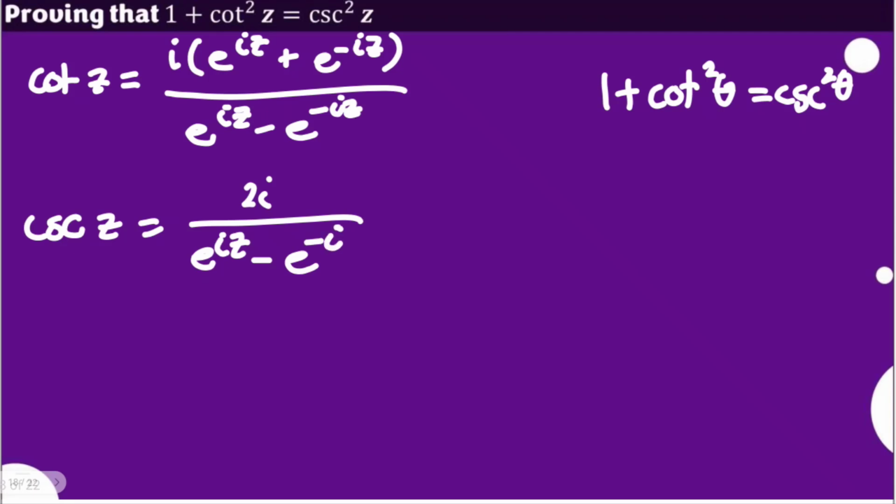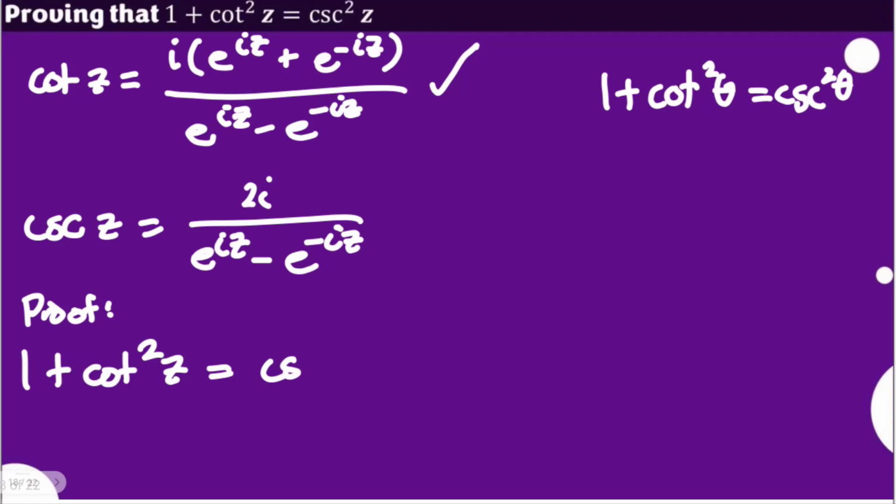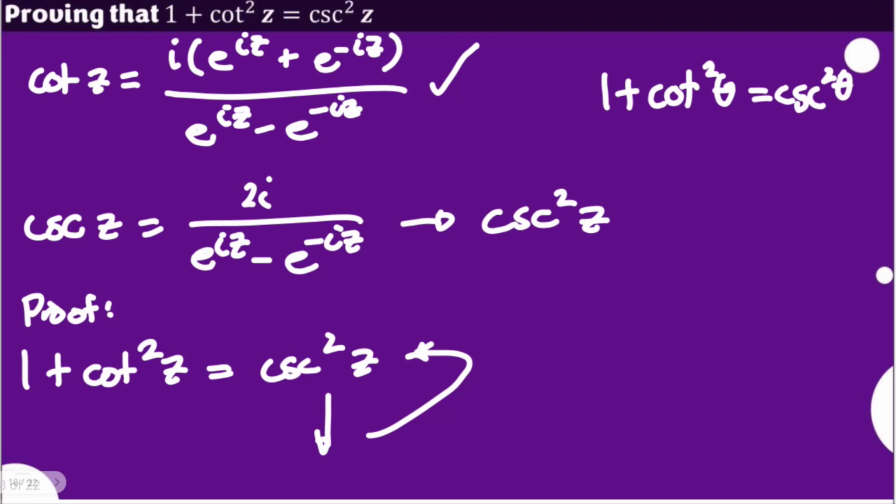Okay? So we're going to use this first identity here because our proof allows us to move from the left. You have 1 plus the square of cotangent z must yield the square of cosecant z. Whatever the process here, it would be equivalent to that. But for us to be guided, let's identify what would be the equivalent form for the cosecant squared.